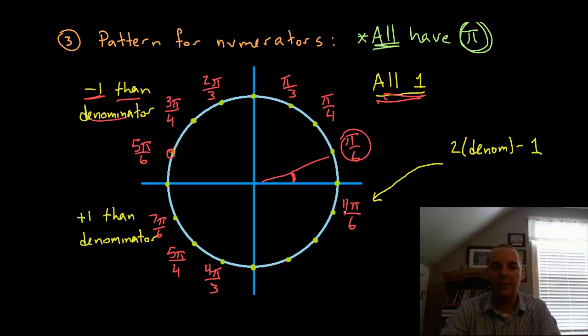Why is it 11 pi over 6? Well, 2 times 6 is 12, minus 1 makes 11. If you want another way of remembering it, basically you're backing up pi over 6 downwards from 2 pi. So if you take 12 pi over 6, that's 2 pi, then you would have 11 pi over 6.